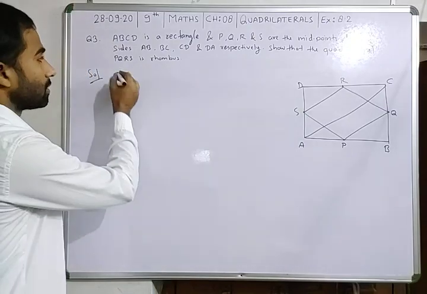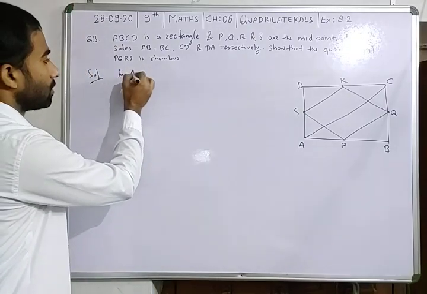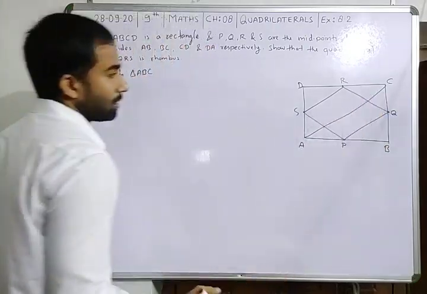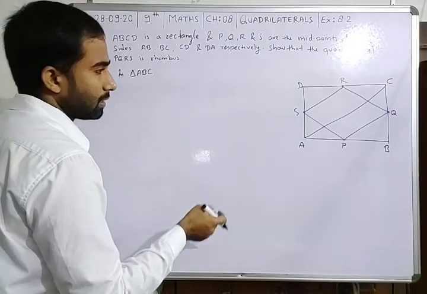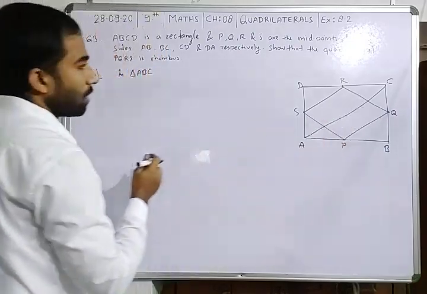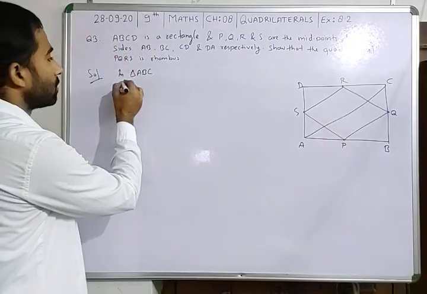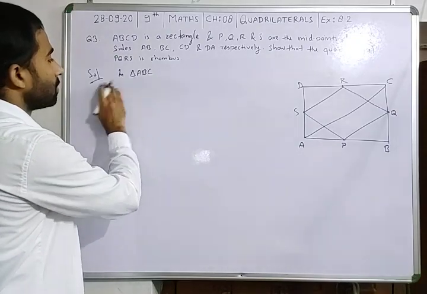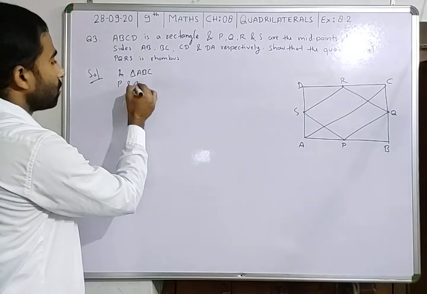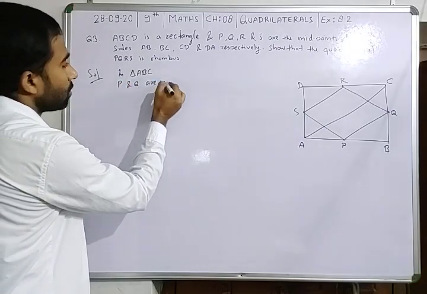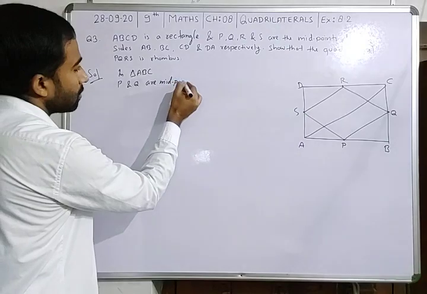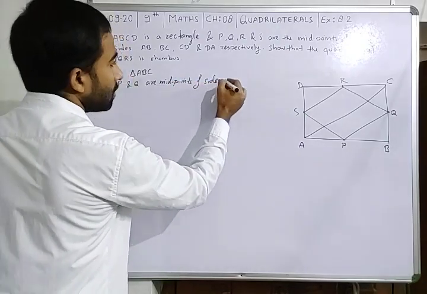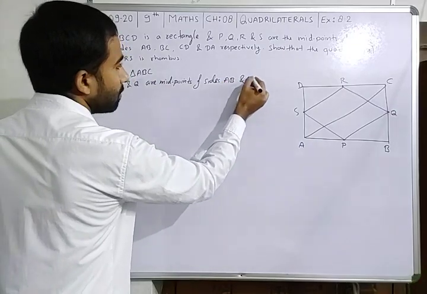We can consider triangle ABC, in which P and Q are the midpoints of sides AB and BC.